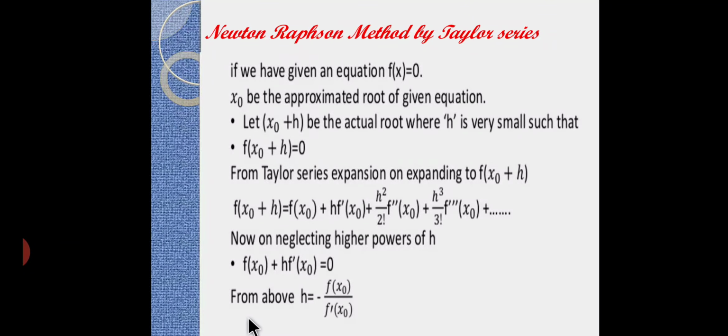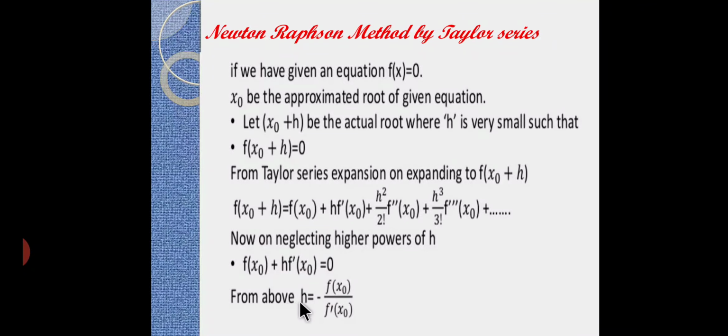Now the left side of the equation, f of x naught plus h, means f of x, is equal to 0. So from that we get 0 is equal to f of x naught plus h f dash of x naught.